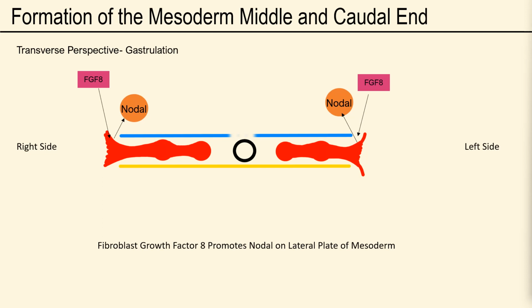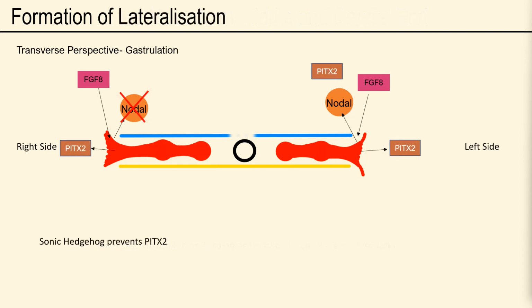These high concentrations of serotonin on the left activate a pathway, which restricts nodal expression to the left side of the primitive node. Midline genes like sonic hedgehog and lefty are not only involved in establishing the midline, but are also involved in preventing nodal expression from crossing over to the right side.